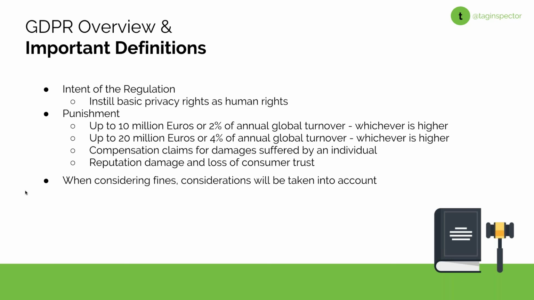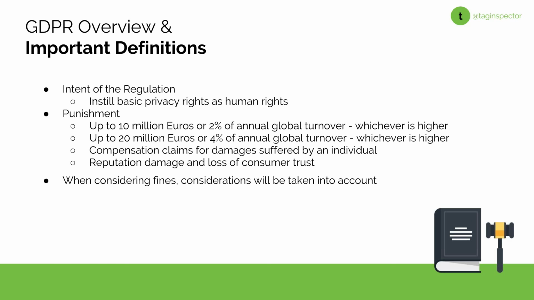A couple of things just to keep in mind though, when considering fines, it's been laid out, the governing body will take other considerations into account. So did you have processes in place? Did you think it through, or was it some sort of mistake that just kind of made it through the process? Once a breach occurs, are you taking actions in order to mitigate any type of damages?